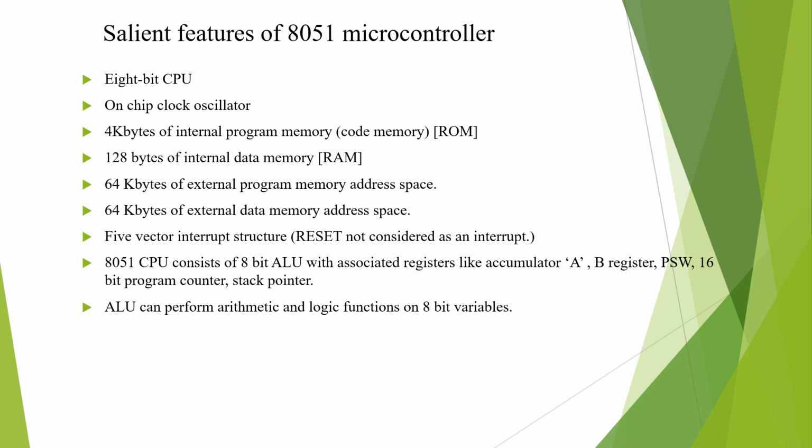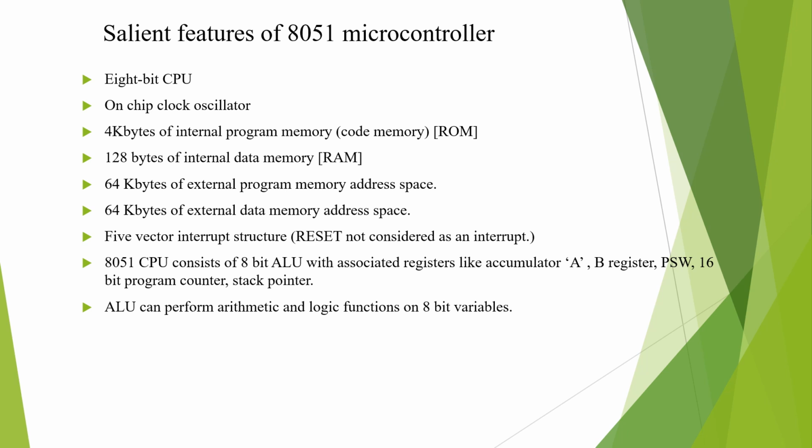I have to mention one thing: in the case of the 8085 we cannot directly do multiplication or division operations, but in the 8051 we can do multiplication and division directly, because instructions are available, and in that case register B is used for multiplication and division.